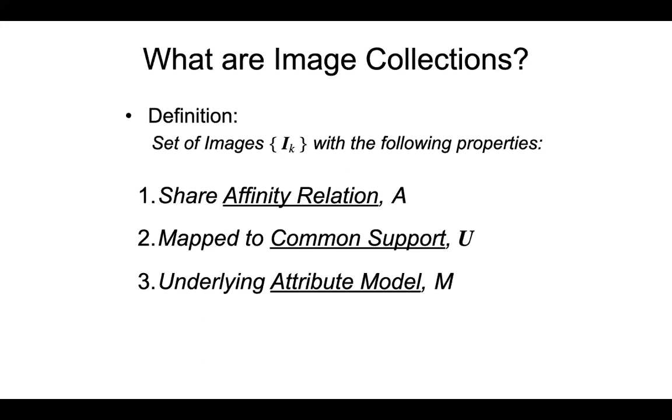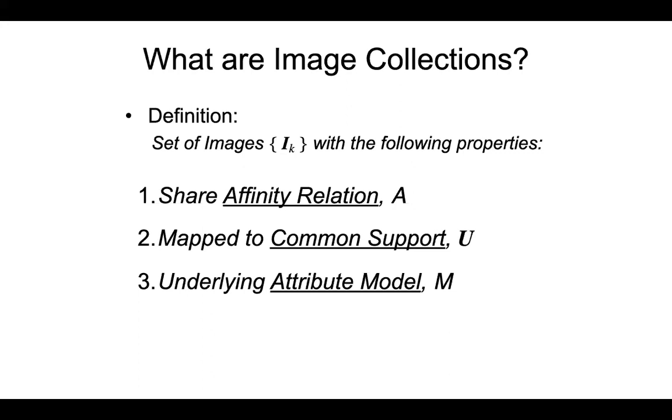What are image collections? My definition of image collection is the set of images I_K with the following properties. One, it shares an affinity relation A. Two, they are all mapped to a common support U. And they also have an underlying attribute model M. And if you think about it, this is very related to the concept that is described in the very beginning of the course of a media object.